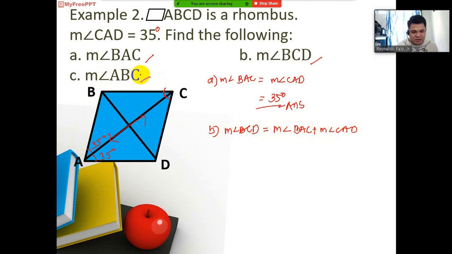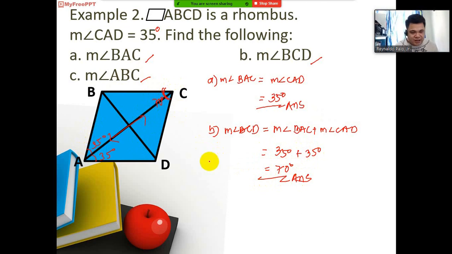As you can see, opposite to angle BCD are the measurements 35 degrees and 35 degrees. Just simply add them. 35 degrees plus 35 degrees is equal to 70 degrees. So that's already the answer. It means that this is 70 degrees.